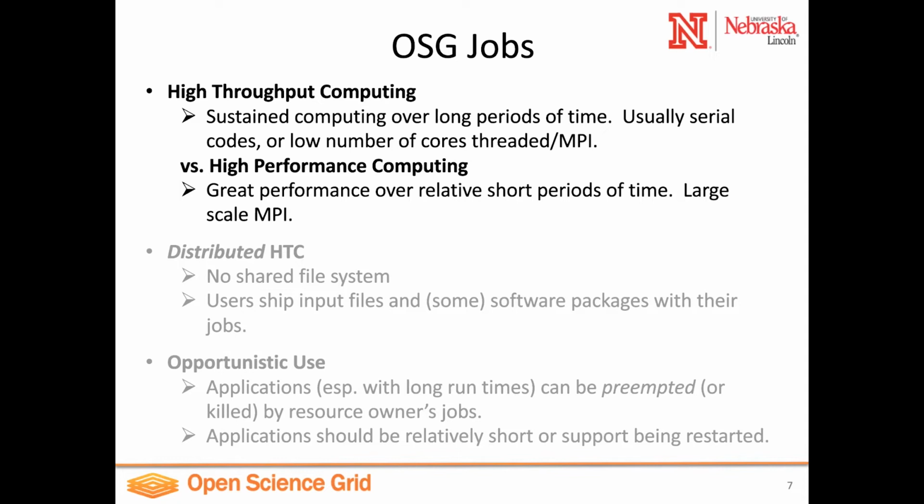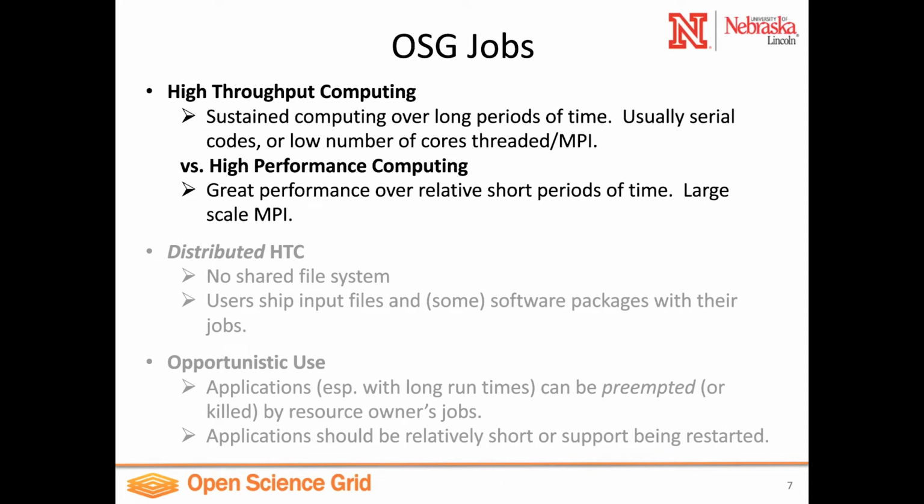So if you can imagine, you have hundreds or even thousands or even tens of thousands of small jobs that can run on a single core that you have lined up and are constantly putting pressure on the job queue, then you can get a lot done on Open Science Grid, where it might not necessarily matter whether one of your jobs fails or is killed, because it can just be restarted and put back into the queue, and you've constantly got jobs in the queue, and they're constantly moving through and sending back the output. That's a high throughput sort of environment.